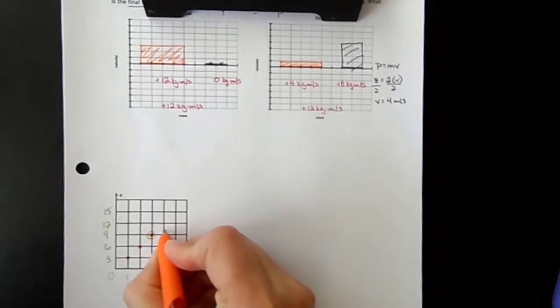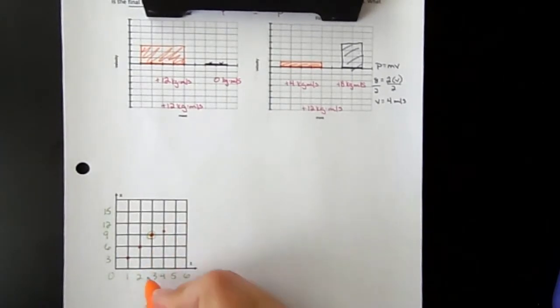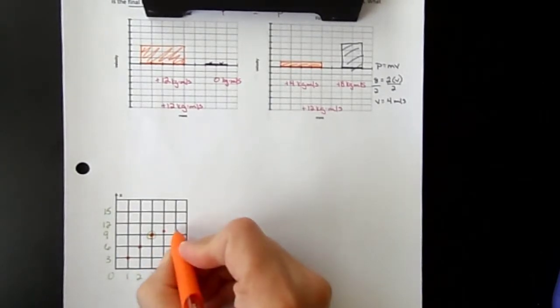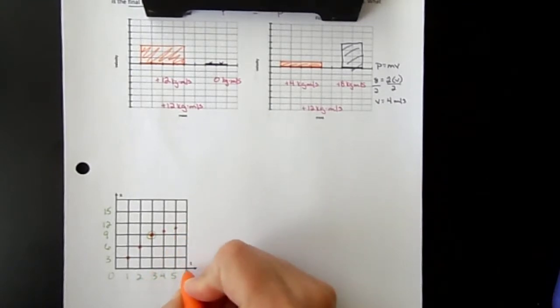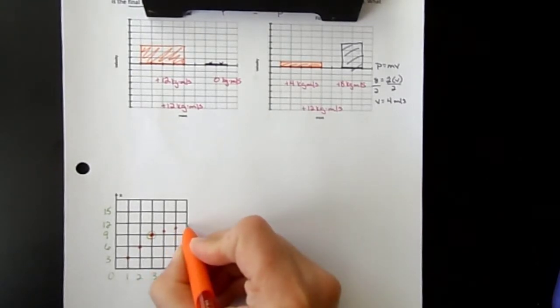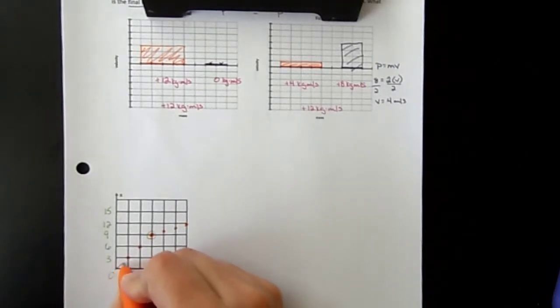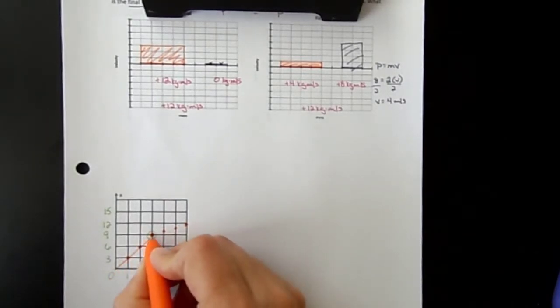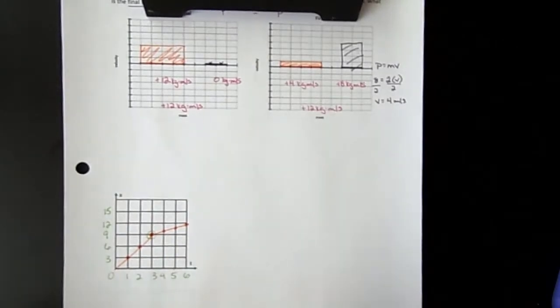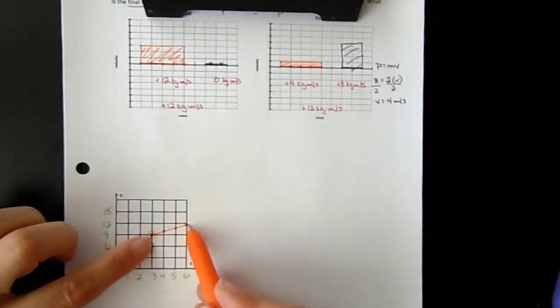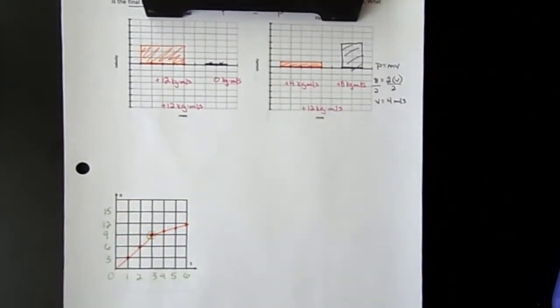So he'll be at 10. And then after another second, he'll be at 11. After another second, he'll be at 12. Okay? So what we've done here is we have drawn a position time graph for the motion of ball 1 before the collision and after the collision.